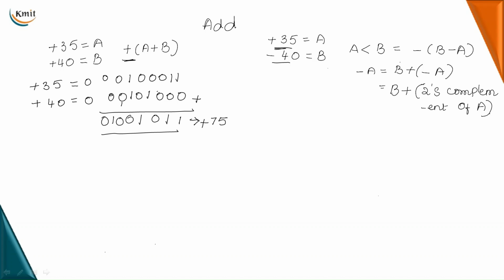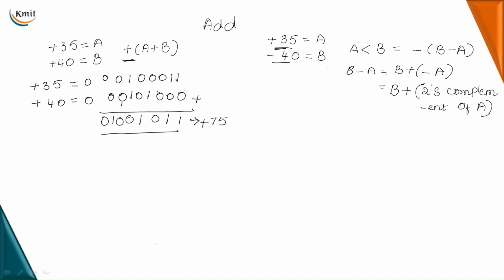In case A is less than B, what do we have to do from the table? We have to perform B minus A, and the resultant sign will be the complement sign of A. What is the sign of A? Plus. Its complement is minus. So the resultant sign will be 1, minus. Now I have to perform B minus A. How do I perform it?